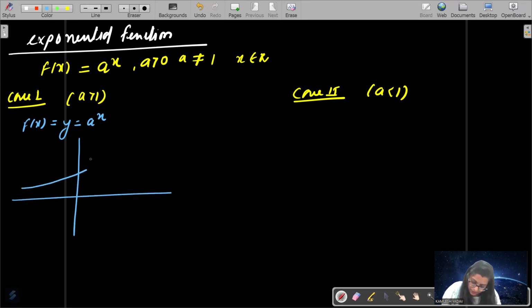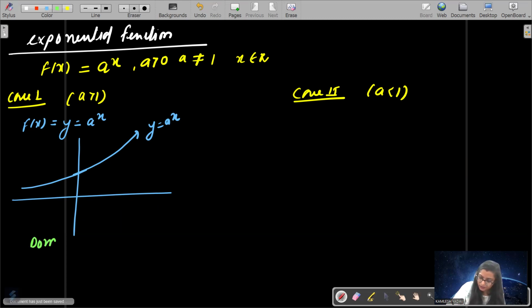The graph is like this. According to this graph, we can see the domain and range. The domain is all of R, because our curve lies on the set of real numbers. Then what about the range? Our curve opens in the upward direction, so the range is 0 to infinity.